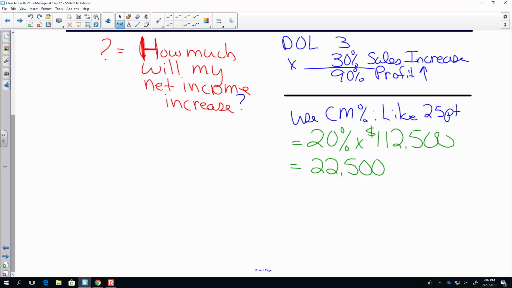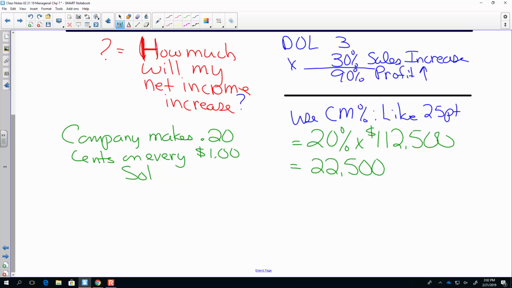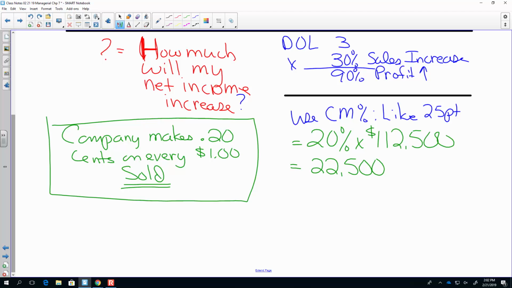In other words, this company makes 20 cents, right, on every dollar sold. That is a huge number for a company to know. Huge. It's the number one number out there for that company to know in their operation.